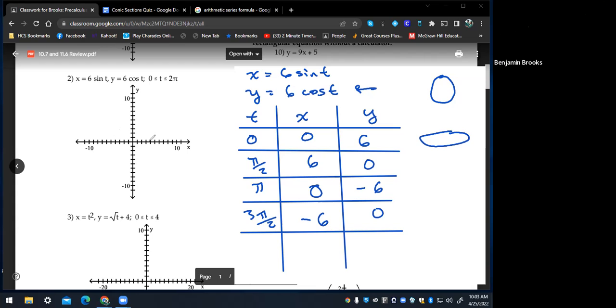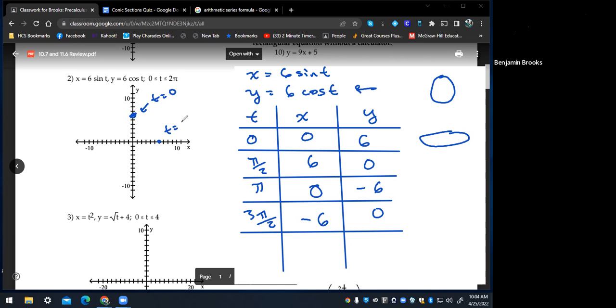All right. So let's do this real quick. This should be a real simple one. You got 0, 6. So 0 and then 6. 1, 2, 3, 4, 5, 6. And this is at t is equal to 0. And then we got 0, 6.